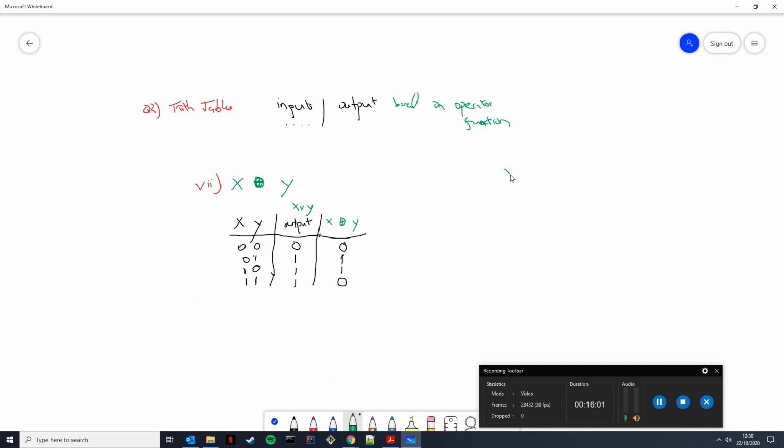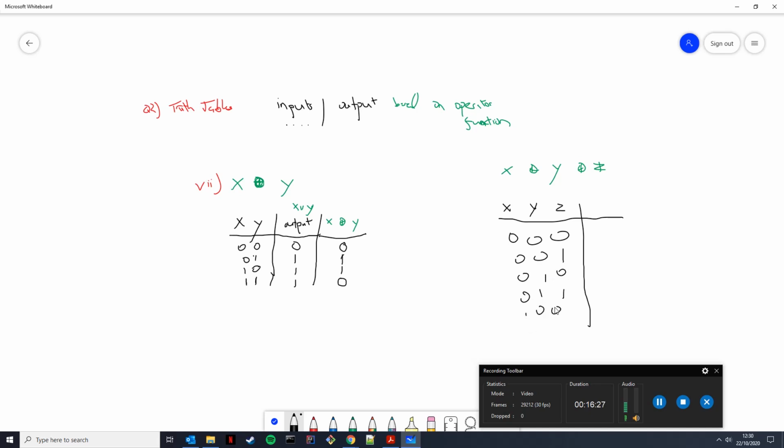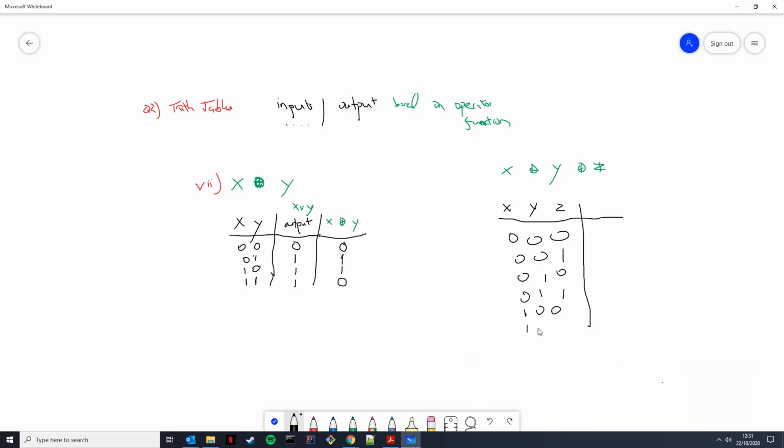We have X exclusive or Y exclusive or Z. We have X, Y, and Z as our inputs, and we know when we have three inputs, we want to have 8 outputs. 0, 0, 0, 1, 0, 1, 0, 0, 1, 1, 0, 0, 1, 0, 1, 1, 1, 0, 1, 1, 1.